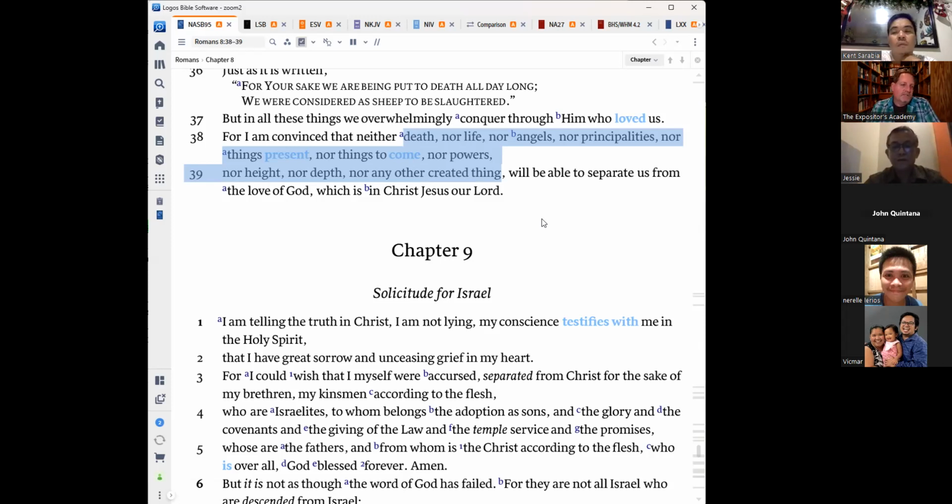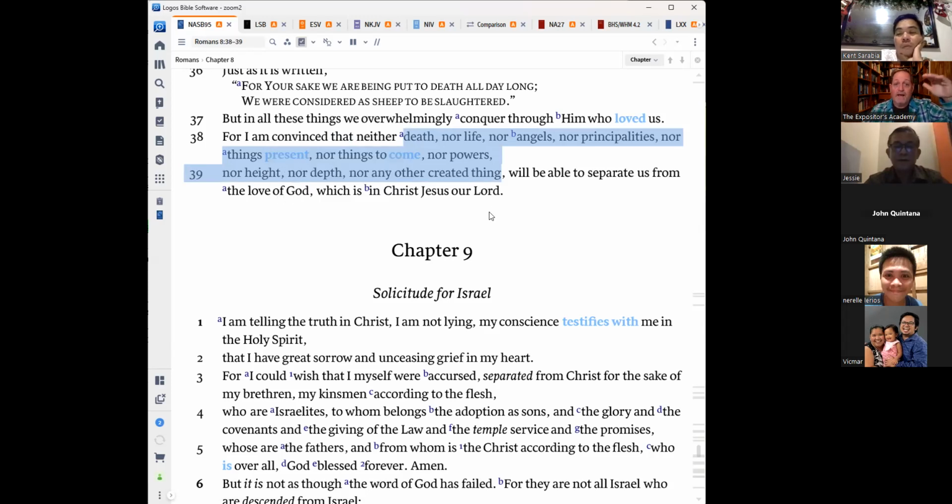Again, he could have just said, I'm convinced that, there's the word convinced again, followed by the direct object marker. Convinced of what? He could have just said, I'm convinced that nothing will separate us from the love of God. Okay, that's a powerful statement. But by adding in these merisms, he's increasing the intensity and emotion and emphasis.